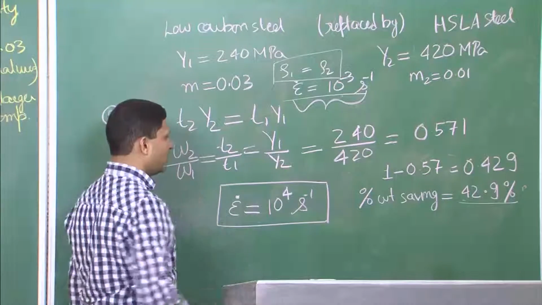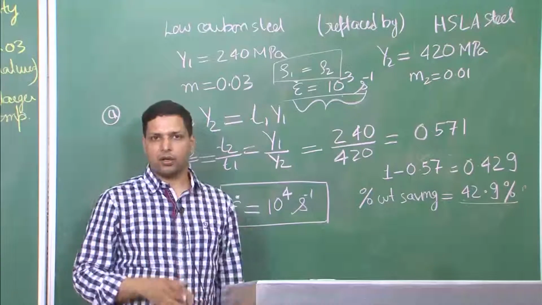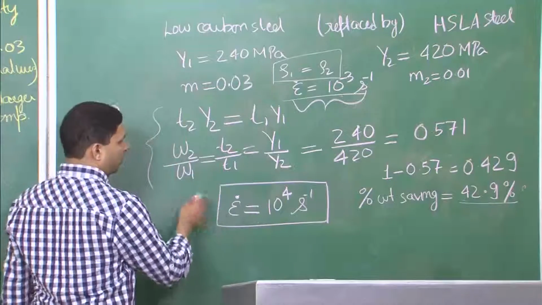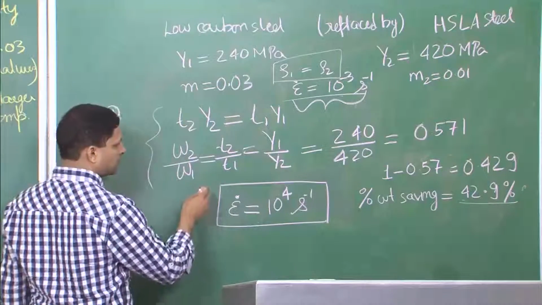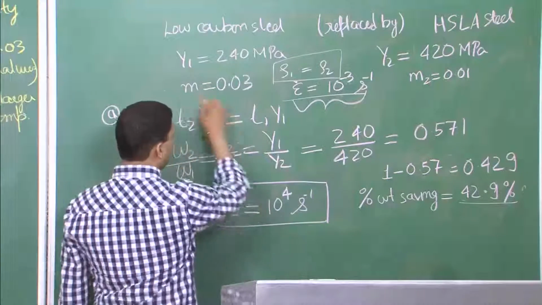Now, just looking at it, what would you think? Would the weight saving increase or decrease? Here, what are the things that you should look at? Should you look at the strain rate from where to where we are going, or should you look at this value?